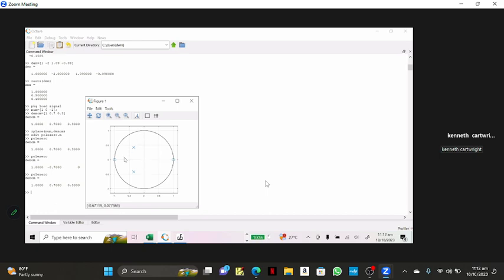All numbers inside the unit circle have magnitudes less than 1. All numbers on the unit circle have magnitude 1. And all numbers outside the unit circle have magnitude greater than 1. So it's the magnitude of the pole that matters. If there's a pole with magnitude greater than 1, the system's unstable.